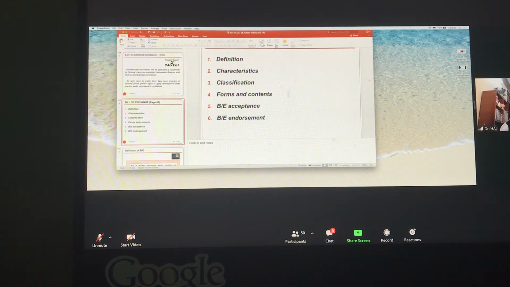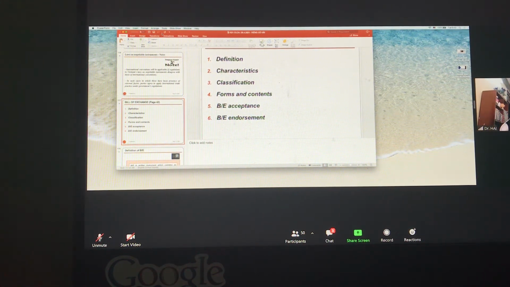First, we study the definition. For me, the definition is very important. We have to understand the definition. From the definition, we analyze many different things, like on the slide.